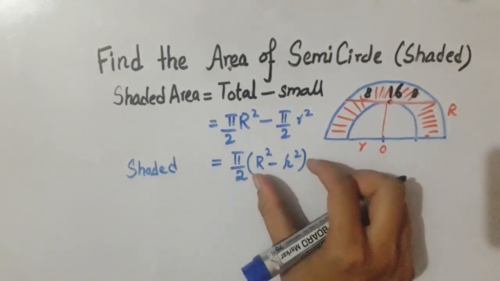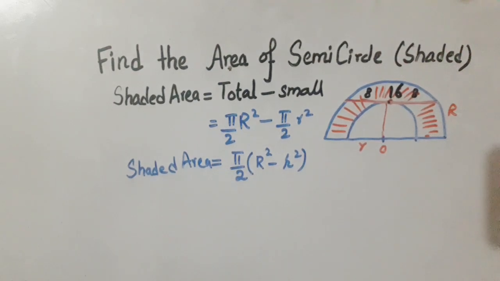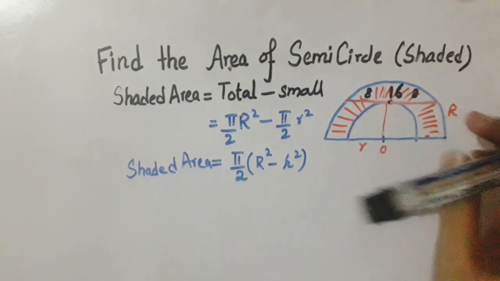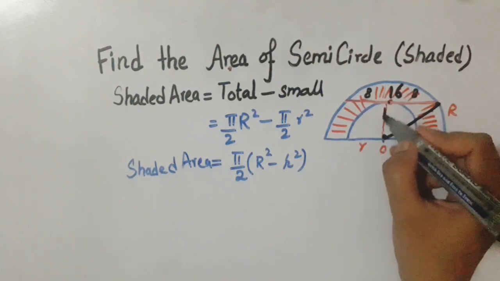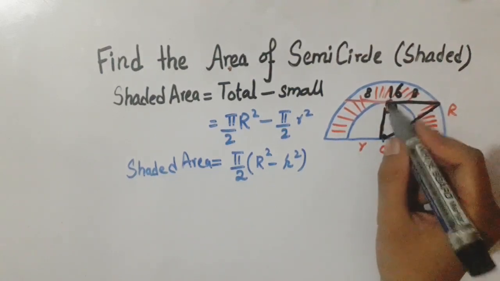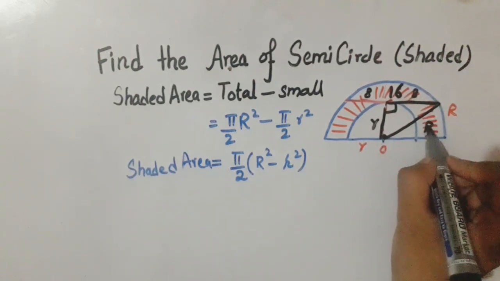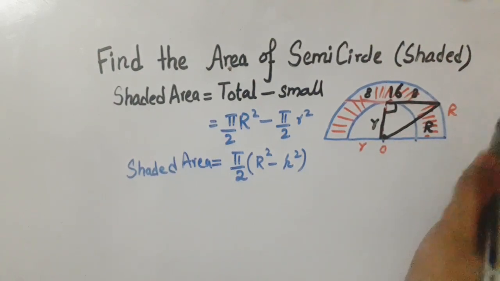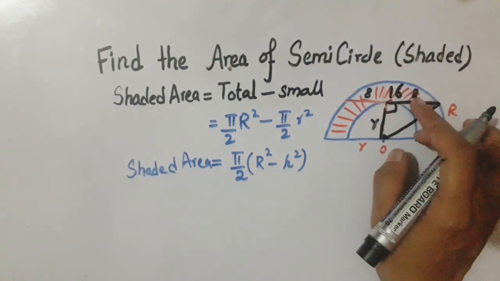Now we have to calculate the value of this. For this purpose we can draw a right angle triangle here by joining this point. Now this is a right angle triangle. This is 90 degrees. This length is also small radius r. This is the capital R, and this length is 8.